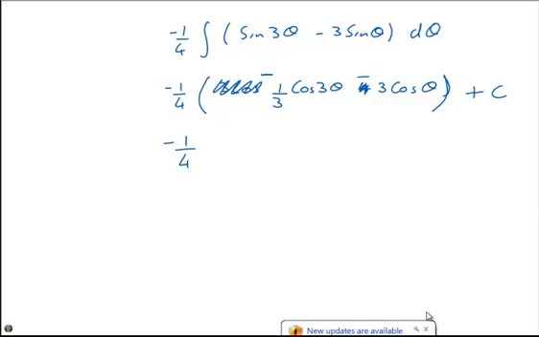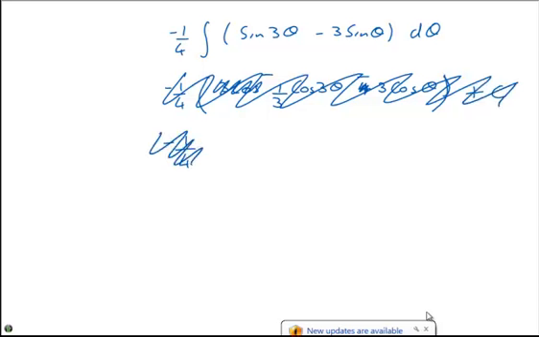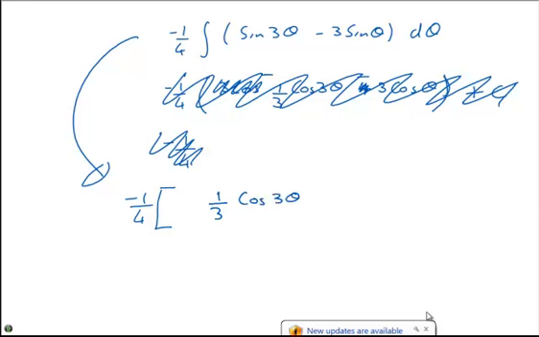Sorry, I left out a minus there, didn't I? Sorry lads, I'm just going to integrate it again just to make sure I have it right, okay? So sine 3 theta, what does sine 3 theta go to? So we check the sine.